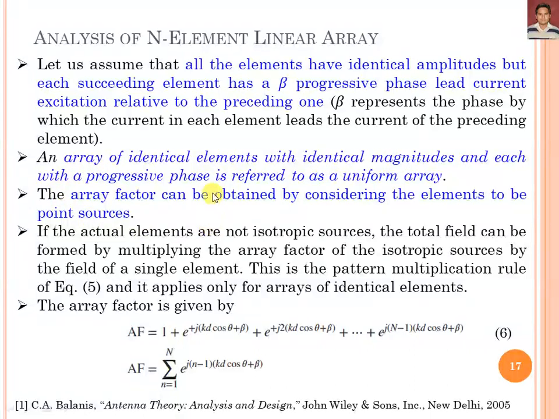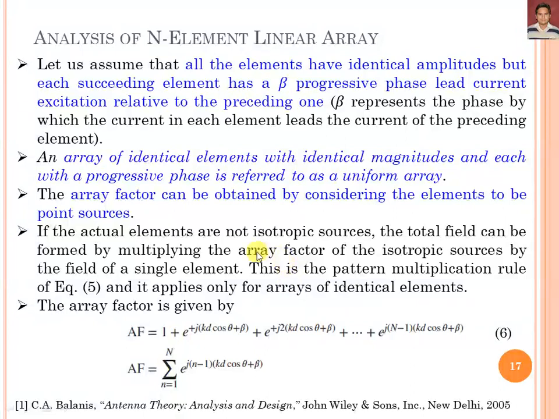The array factor of the n element linear array can be calculated by considering the elements as point sources, as we have discussed. If the actual antenna element is not isotropic, then the total field can be found by multiplying the array factor of the isotropic sources by the field of a single element.